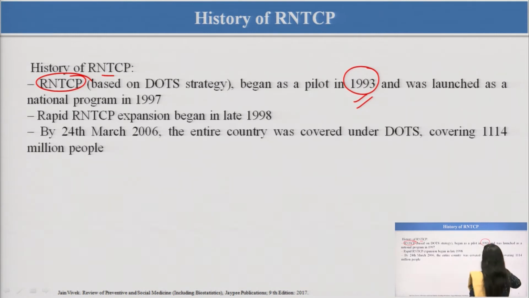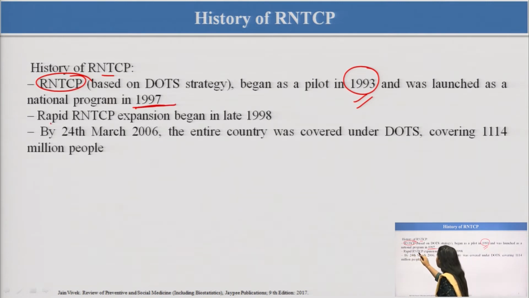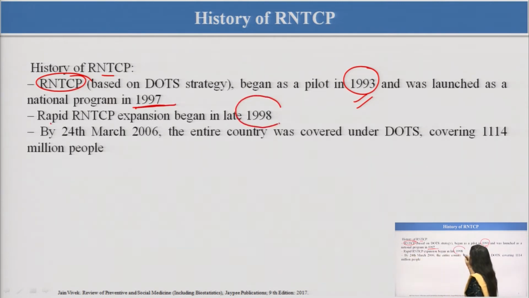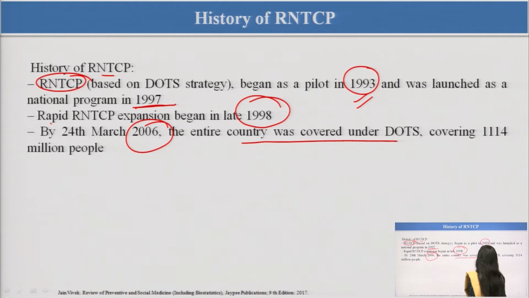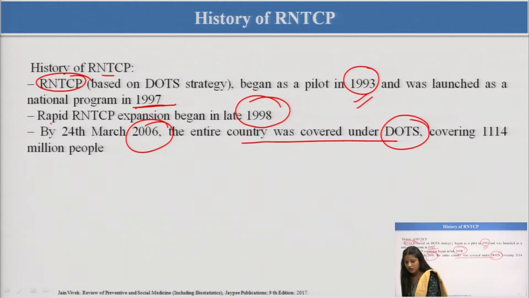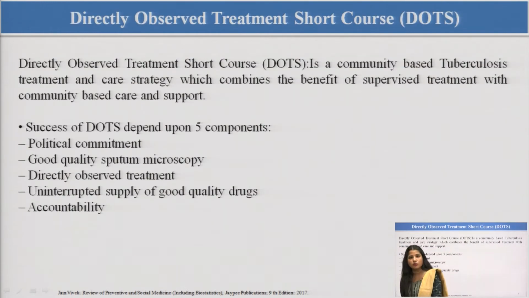Then it was implemented on a bigger level in 1997. Rapid RNTCP expansion started in 1998, and in 2006 the entire country was covered with directly observed therapy for tuberculosis.